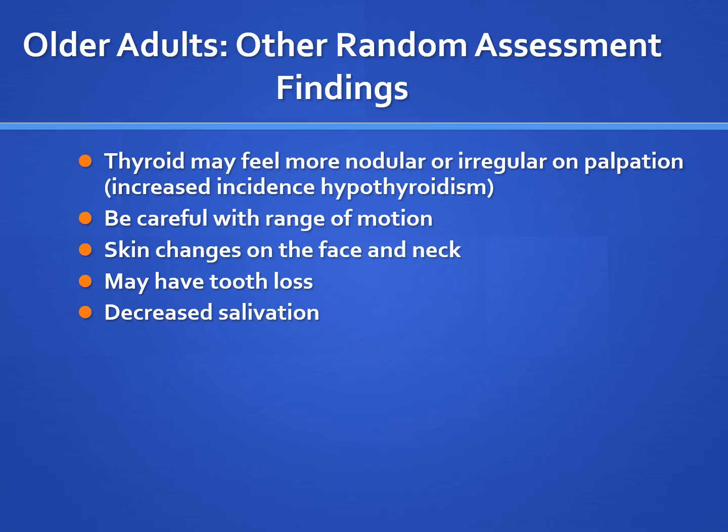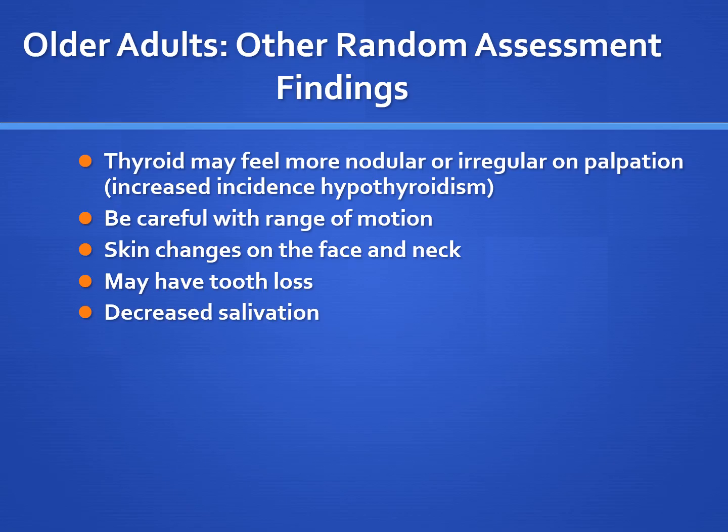So any new firm fixed nodules need evaluation, but again, the thyroid may feel more nodular or irregular in older patients. Range of motion, we want to be cautious when assessing neck movement here because of arthritis or cervical spine degeneration. So we want them to move very slowly and gently, and we want to stop if any pain occurs.